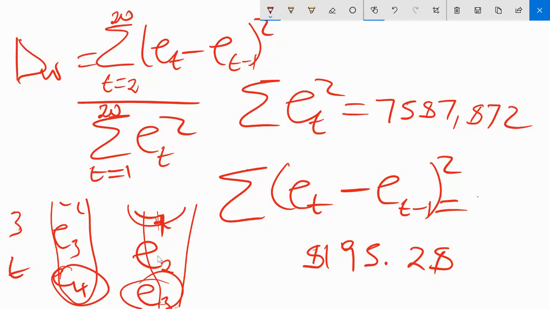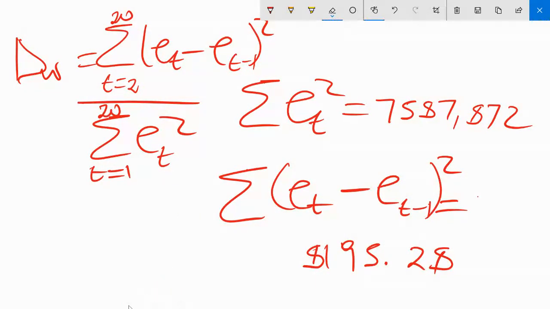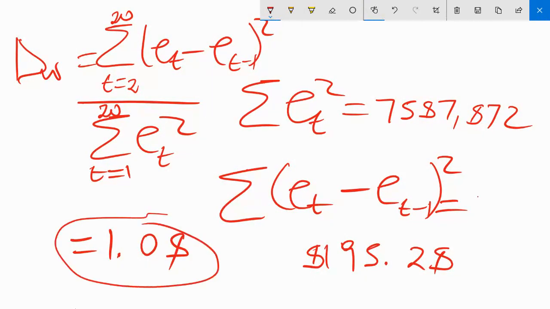When we divide these two values, what do you get? I cannot see what you are writing. 1.08. Thank you. So this is our value for DW.